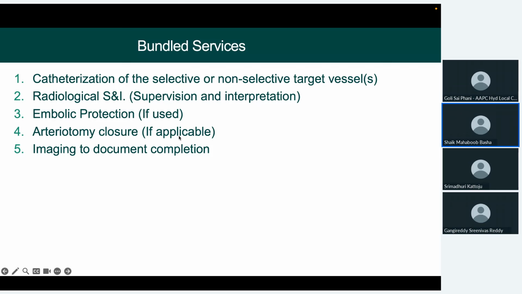So if the physician performs it, it doesn't matter whether the approach is percutaneous, open or endovascular; the same set of codes are applicable. We can code the 3 series for open approach. Then imaging guidance: any imaging guidance they use is also included.